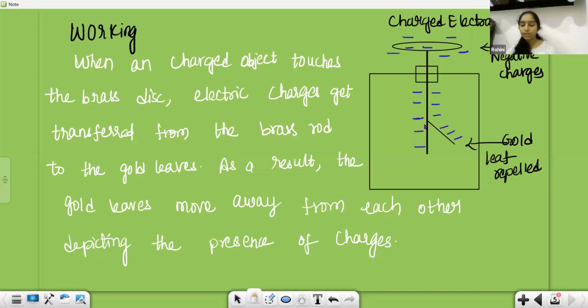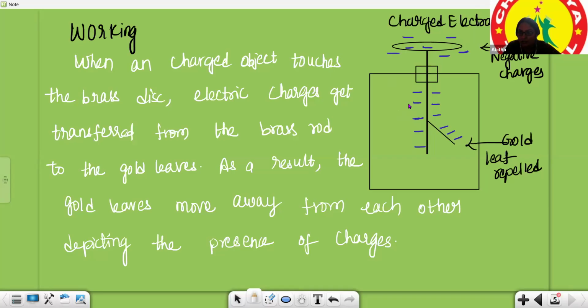Ma'am, what if it is neutral? How can it be neutral? Still the electrons transfer. See, we only check the presence of charge.